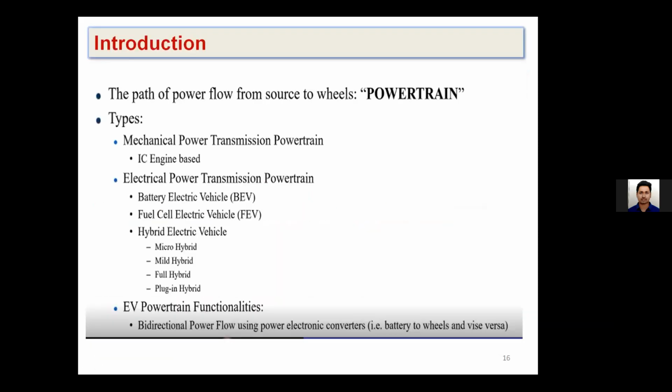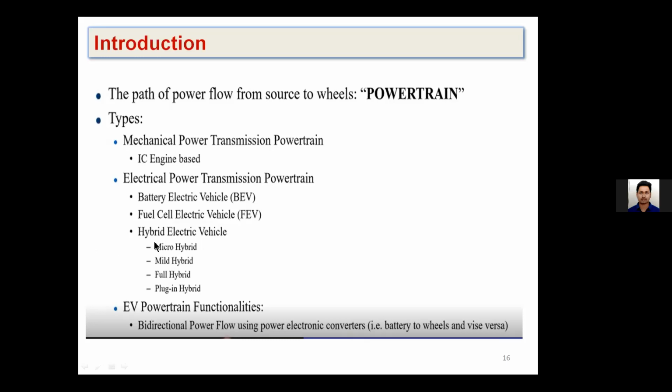Coming to the powertrain. The path of power flow from the source to the wheels, we call the powertrain. Here we have different types of power transmission, whether through the conventional mechanical power transmission powertrain, that is IC engine based, or through the electric power transmission powertrain, which may be a battery electric vehicle or a fuel cell electric vehicle, or a combination, the battery based plus IC engine.